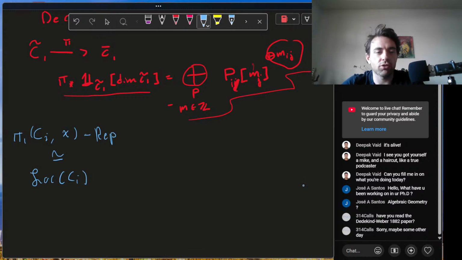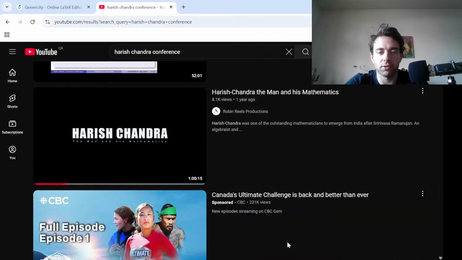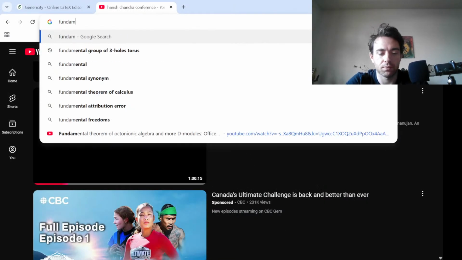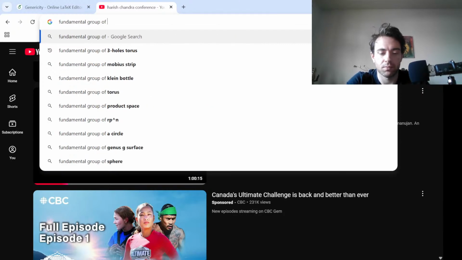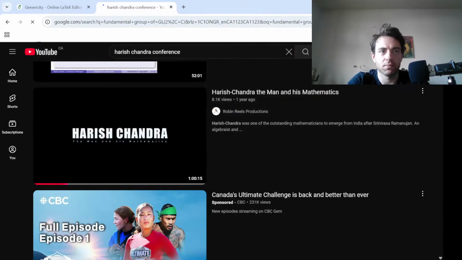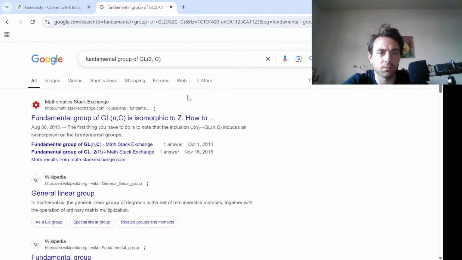And, well, that's not really a big deal for the closed orbit because the fundamental group is trivial. It's also not a big deal... Well, now I don't even know what the fundamental group of GL2, GL2C is. It's Z. Interesting.